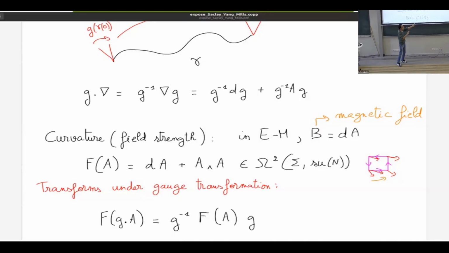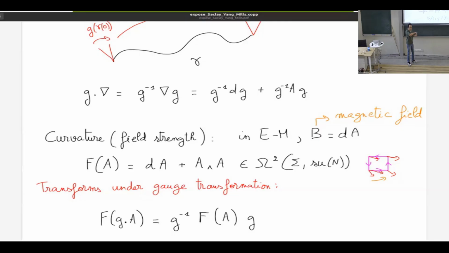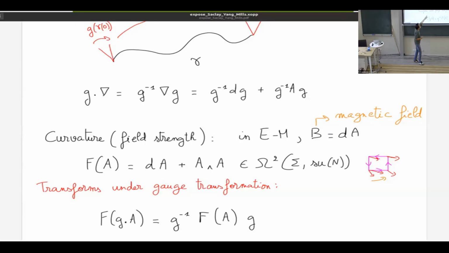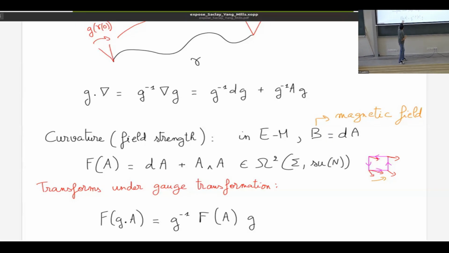At least I take it from Arnold, and probably he knows what he's talking about. I took this picture from the book of Arnold, who explained that the curvature is the measure of infinitesimal holonomy along a small square. This curvature transforms under the action of the gauge group in a very simple way, much simpler than a connection. The curvature gets conjugated by G.